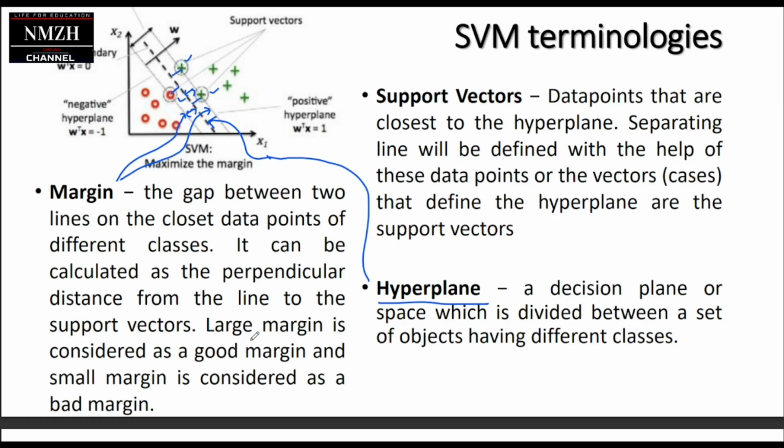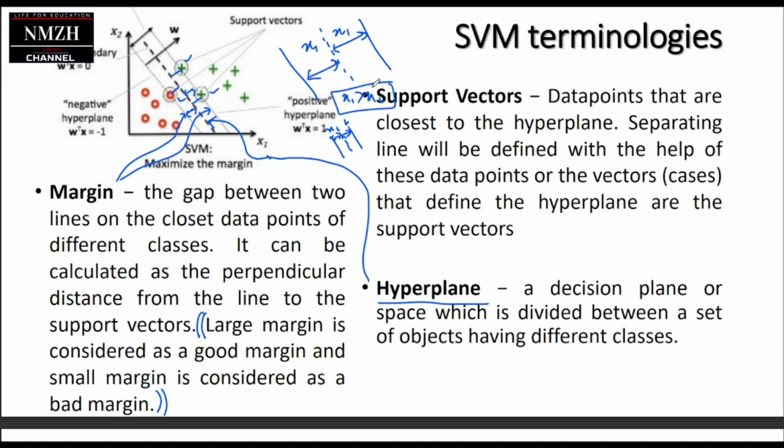So a large margin is considered, and this one is the most important, a good margin, and a small margin is considered a bad margin. So let's say we have this one and we have that one. The large margin is preferable, better than the small margin.